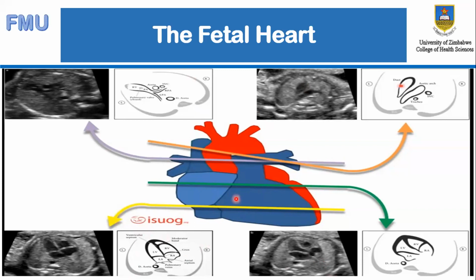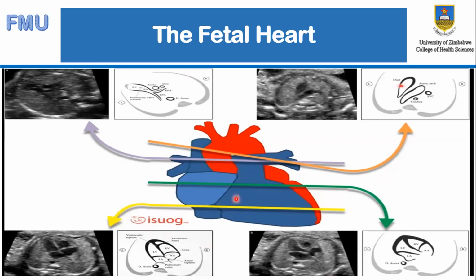We get a left ventricular outflow tract, and then we tilt it even up high slightly, and we rotate it this time towards the left fetal shoulder. We get a right ventricular outflow tract, and if we slide our probe up high and slightly tilt it again towards the fetal left shoulder, then we are able to get the three-vessel tracheal view.